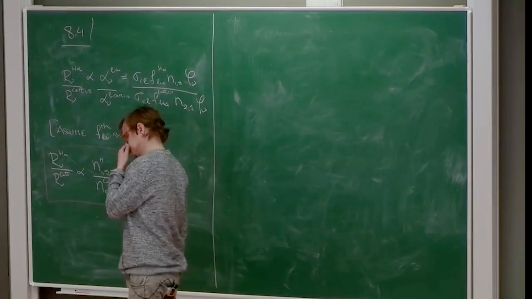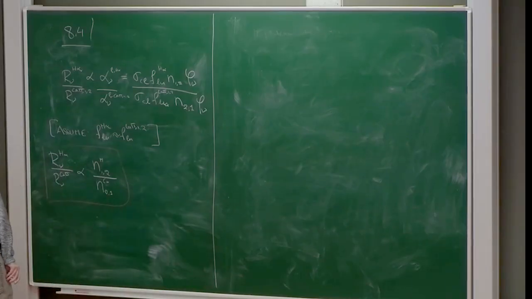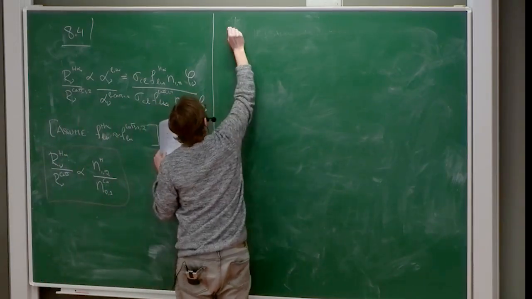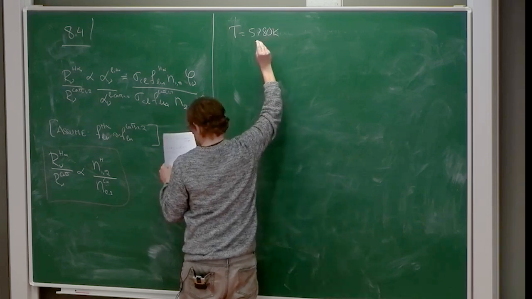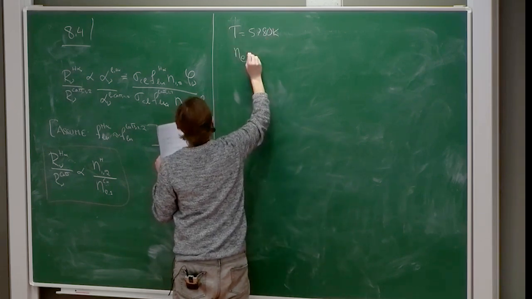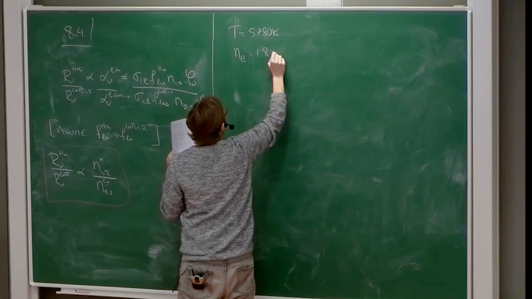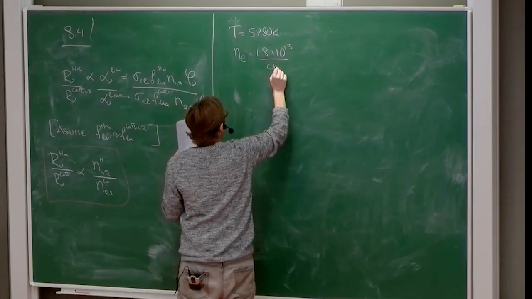But now we're going to try to calculate this ratio, assuming in the exercise a temperature of 5,780 Kelvin, an electron density, which here is given, but which, at least if we assume a hydrogen-dominated plasma, we know how to calculate, right?